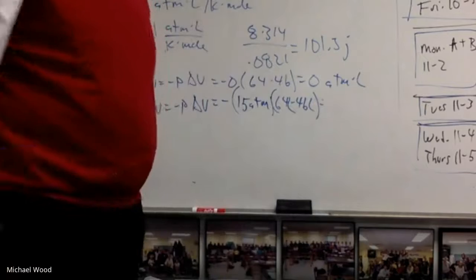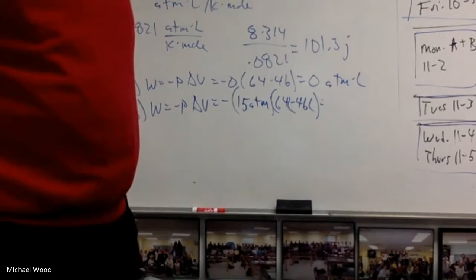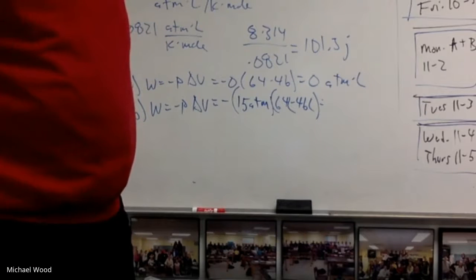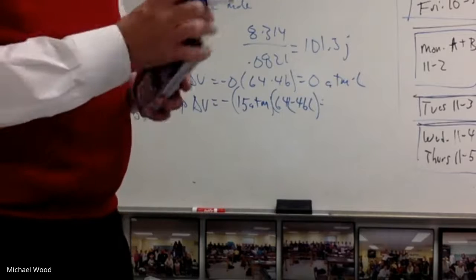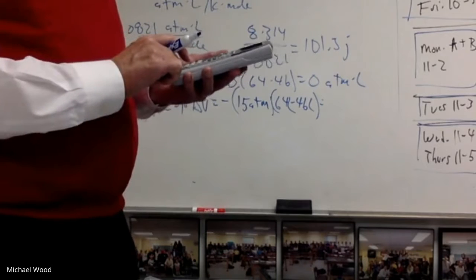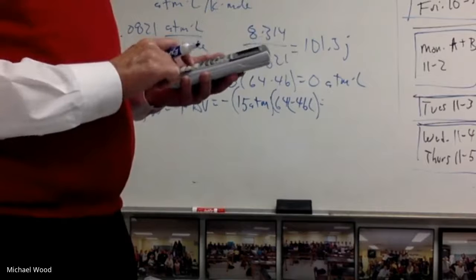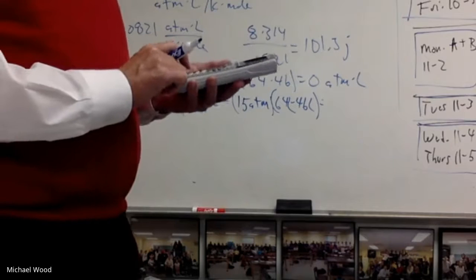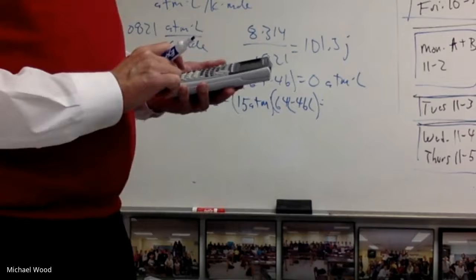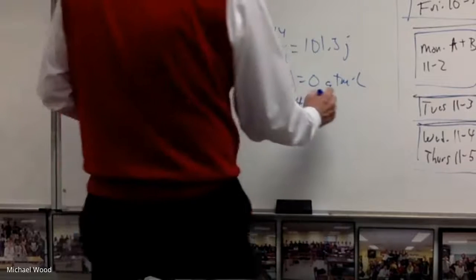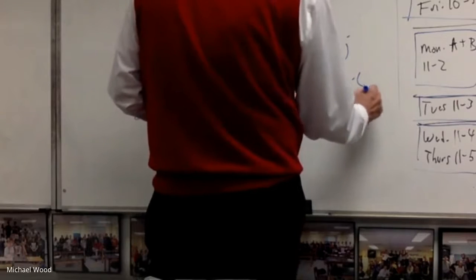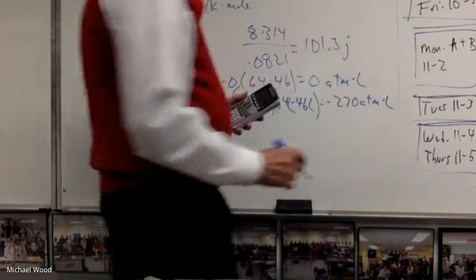If I do that here, 64 minus 46 is 18, times 15 is 270, so negative 270 atmosphere liters.